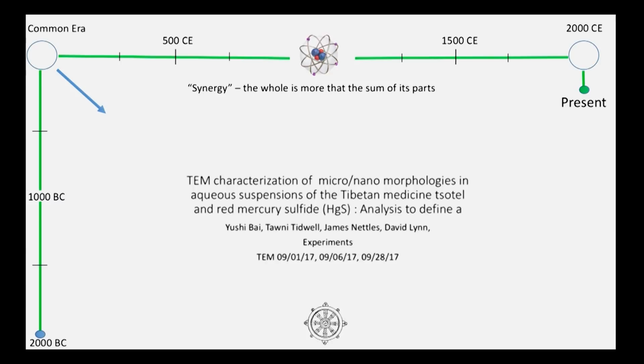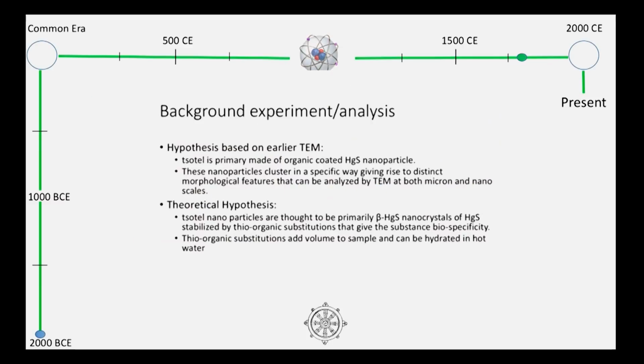So we've looked at aqueous suspensions of the Tibetan medicine compared with red mercury sulfide, because the primary ingredients in the tsotal are mercury and sulfur, and in its form, mercury sulfide is well known, and we want to be able to analyze that structure.